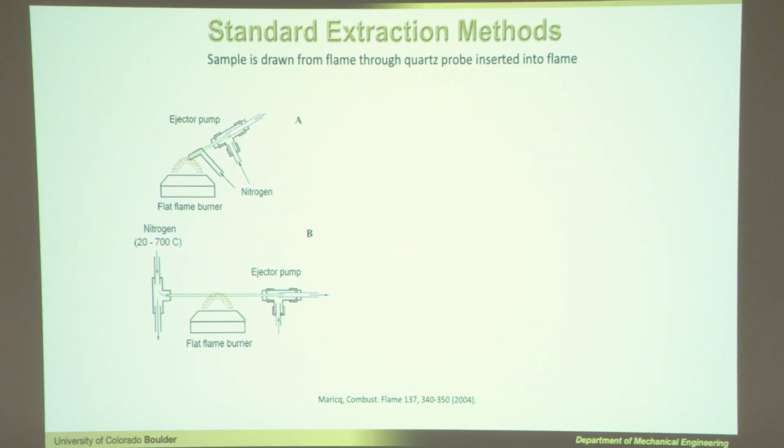You want to dilute them really quickly so they don't interact with each other or with the gas phase, and you want to cool them really fast so that you quench all chemistry as you get into your probe. So here are some attempts to do that. You take a probe with a jacket of nitrogen that flows around it, and then you suck into the probe, and the nitrogen goes up with the sample.